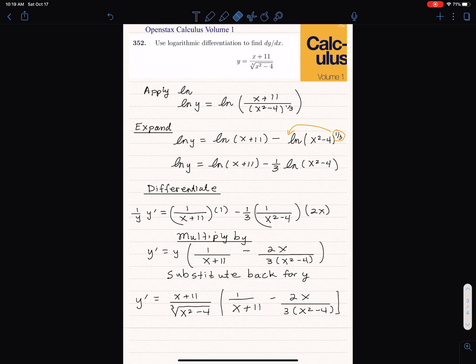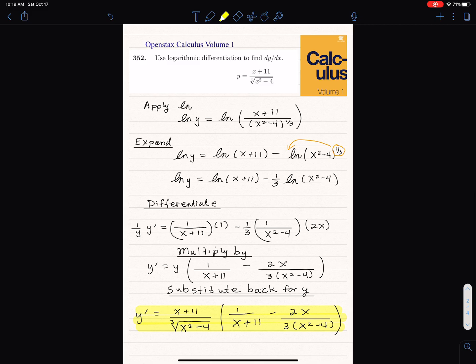It would have involved a lot more things. Well, maybe. Anyway, this is one way to do it. You apply logarithm, expand, take the derivative, and get the answer. I'm not sure if I convince everyone that this is easier, but this is the technique. Okay, so that finishes the video.